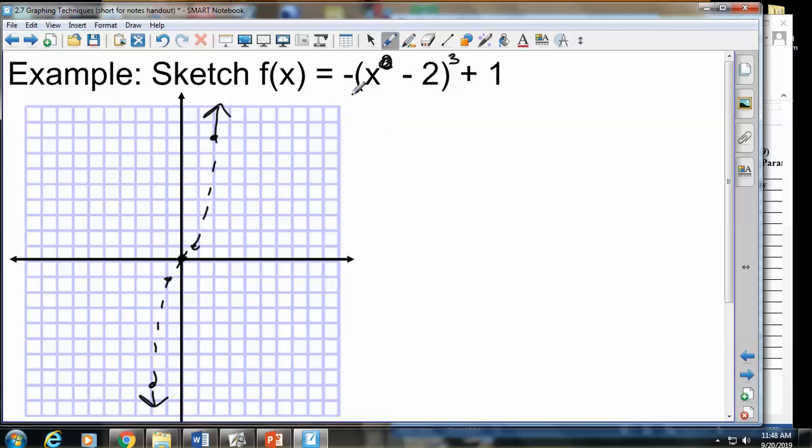What's the negative on the outside do? Flip it over the x-axis. What's the minus 2 do? And the plus 1? Up 1.